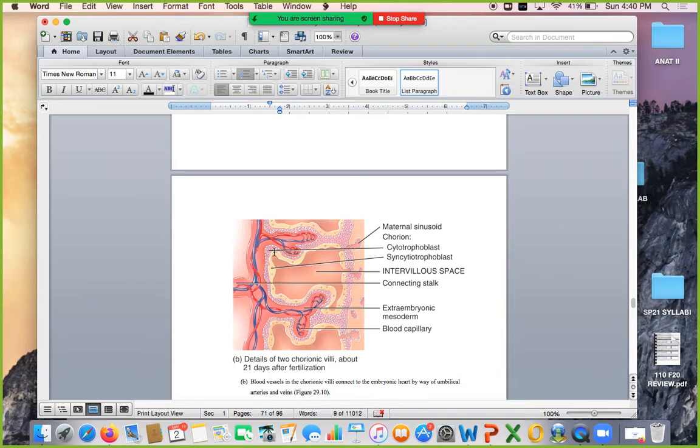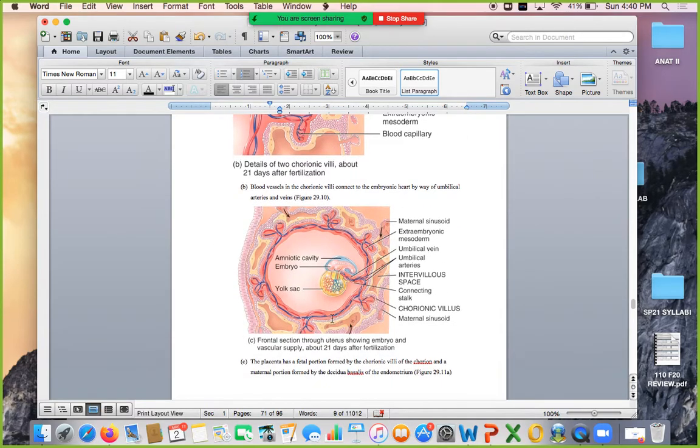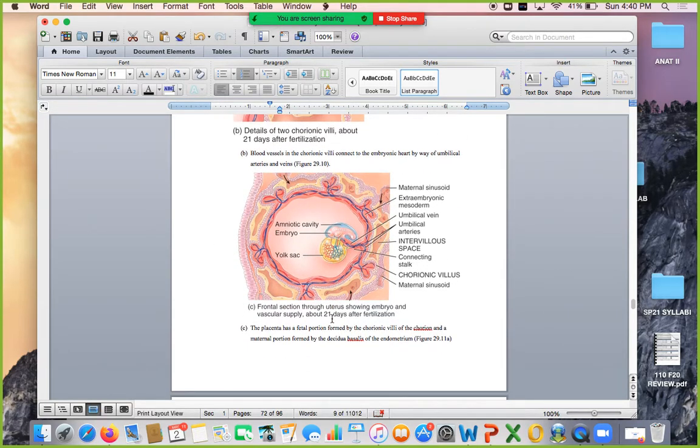The chorion itself is going to be composed of the cytotrophoblast and the syncytiotrophoblasts, which are eventually going to become the placental layer itself, or the fetal side of the fetal associated tissues of the placental layer. We also have the intervillous space and the stalks that are going to connect the maternal layer to the fetal layer.